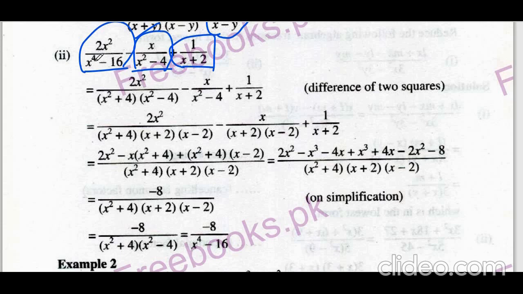This is x to the power 4 minus, you can write it as 4 squared. Just make the factors, open the formula: x squared minus 4 squared, and here again we can use the formula, x plus 4 and x minus 4.